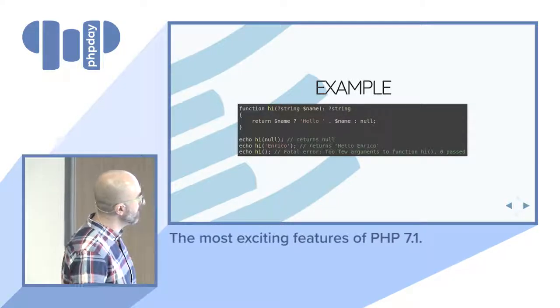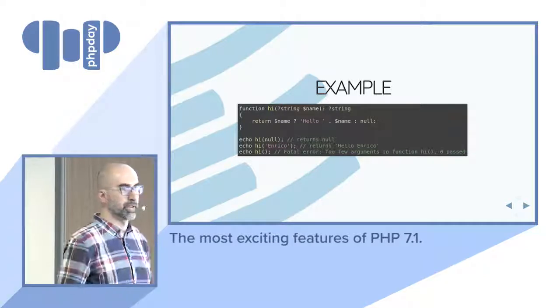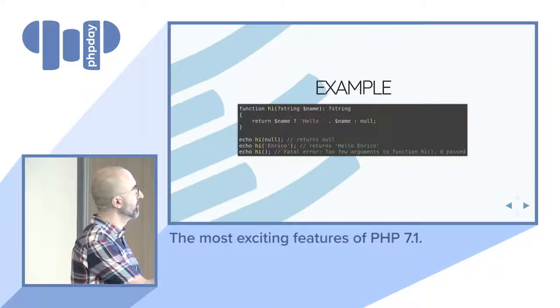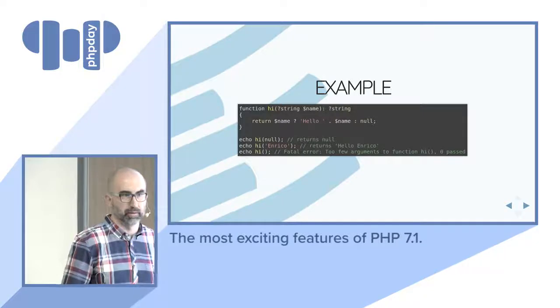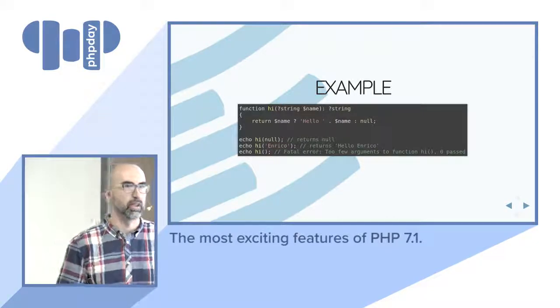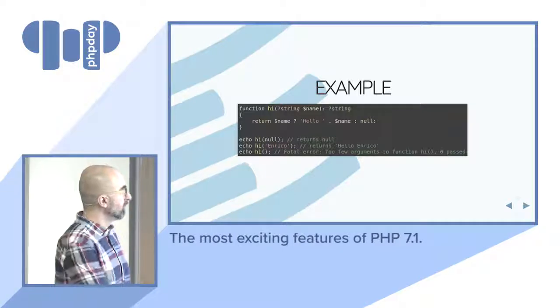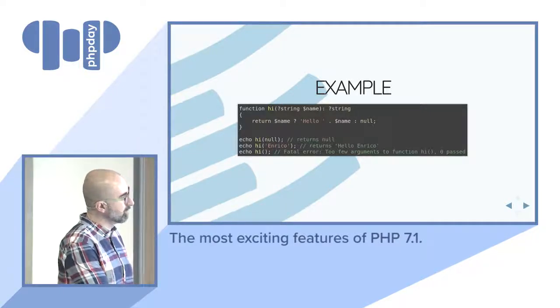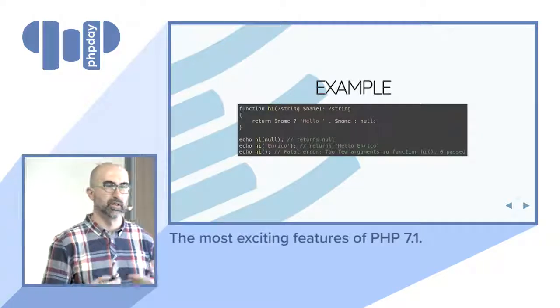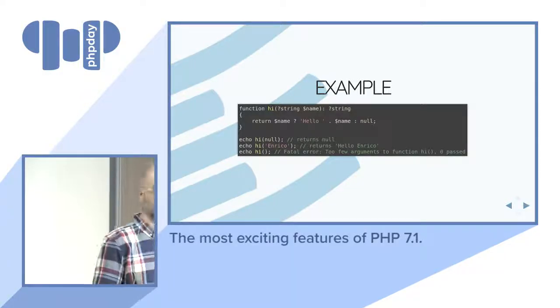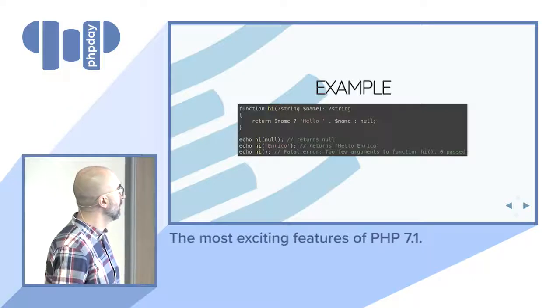The most interesting part is about the return type, because as you know, you can have a default parameter equal to null before 7.1 as usual, but we didn't have the possibility to specify null as an alternative value. So that's why it's interesting.